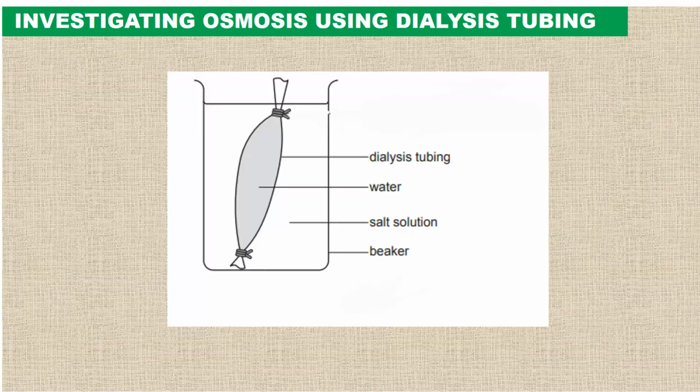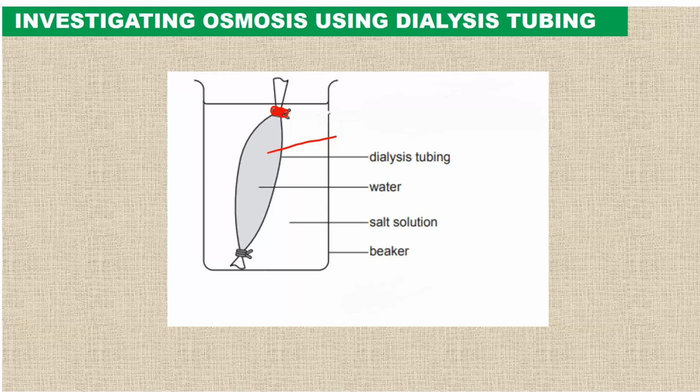All right, now the other thing: we are going to investigate osmosis. In this case, we are going to use what we call the dialysis tubing. So let us say this is the dialysis tubing, and of course it is tied.